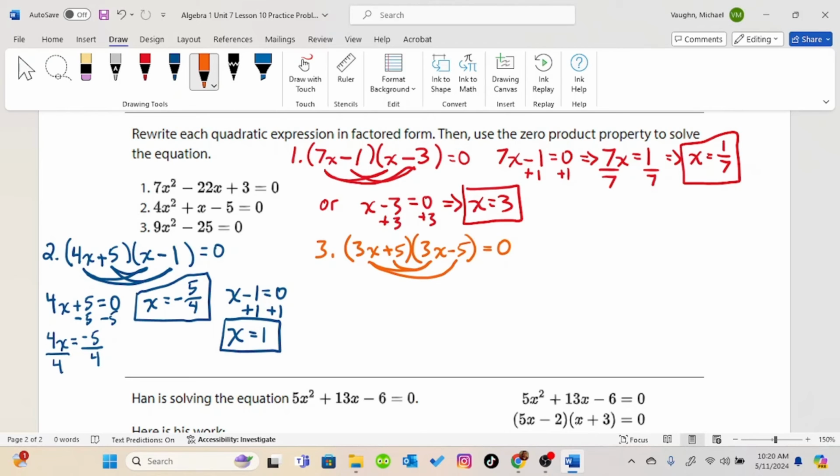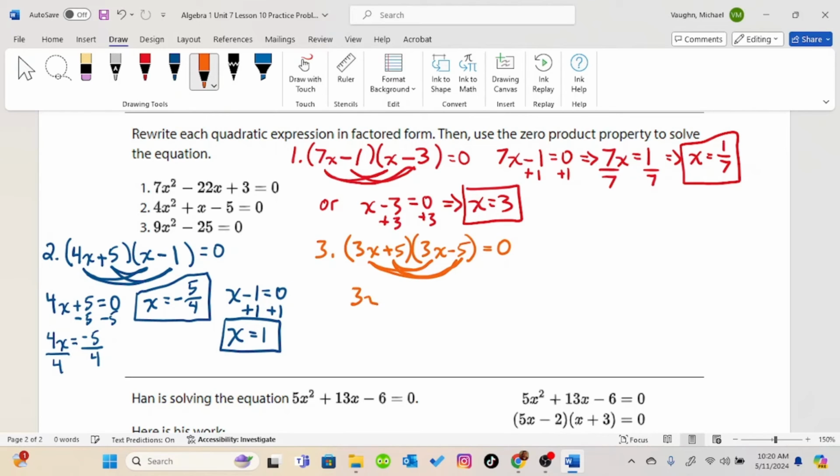Positive 5 times 3x would be 15x. And a negative 15x plus 15x is 0 and cancels out. And then 5 times negative 5 is negative 25. So this is the correct factored form of number 3.